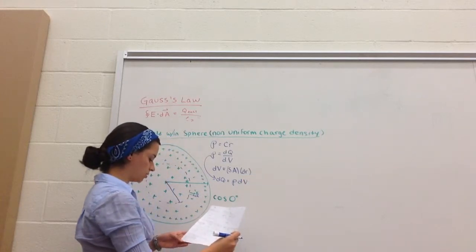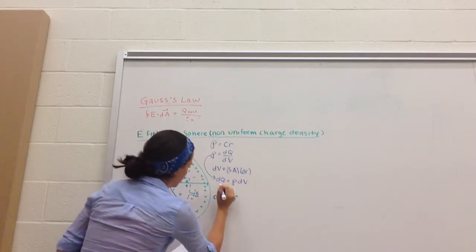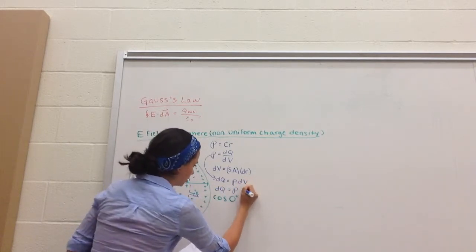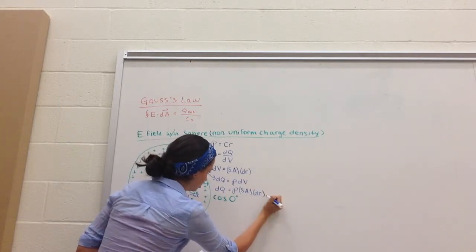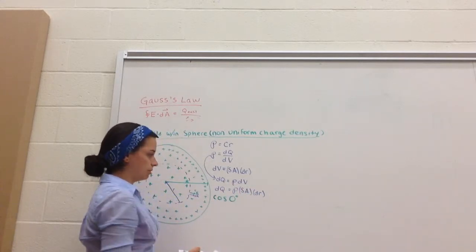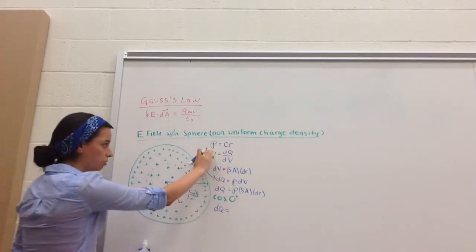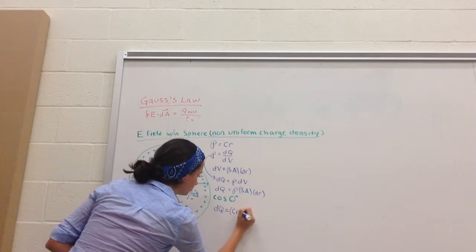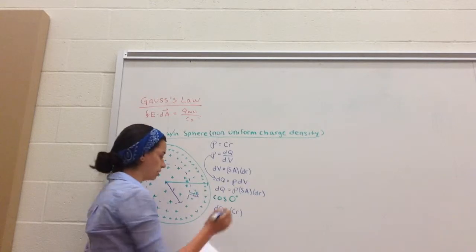And now to sub in for this dv, which we just solved for, we can say that dq equals rho times the surface area times dr. Now, we're going to sub in for two things. dq equals rho, but rho, like they gave us in the problem, is C times r, times the surface area, and the surface area of a sphere is 4 pi r squared.